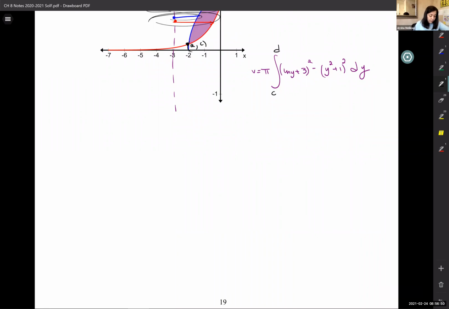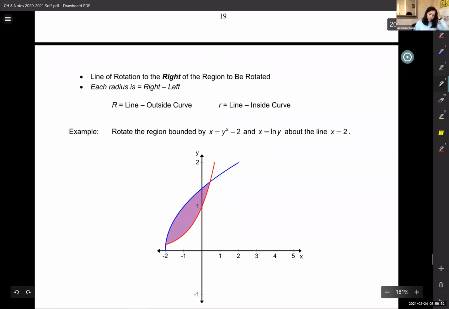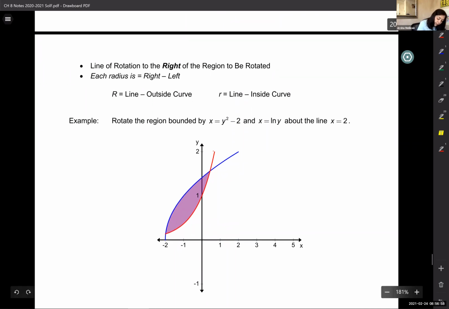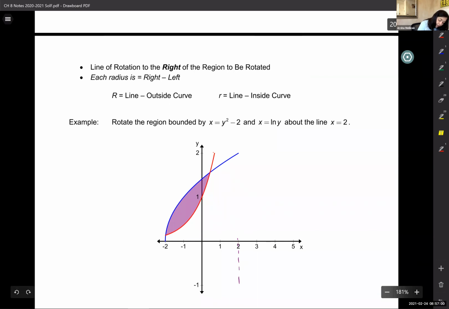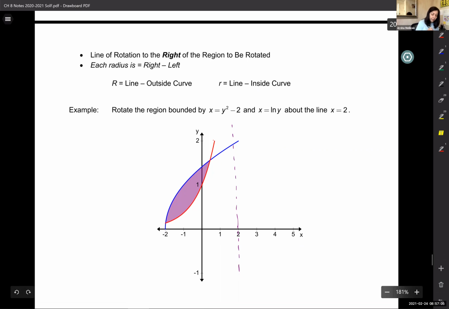Last one. You guessed it. The axis of rotation is to the right. This time we're revolving the same functions around the line x equals 2. So here I've got x equals y squared minus 2, x equals ln of y.